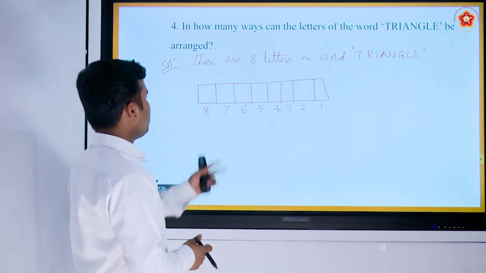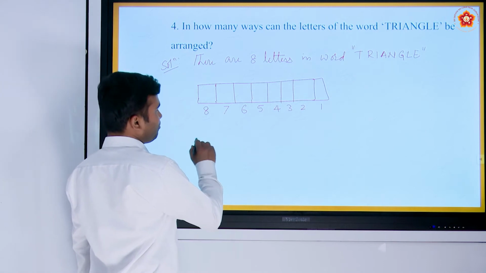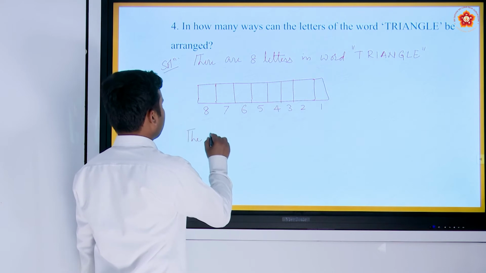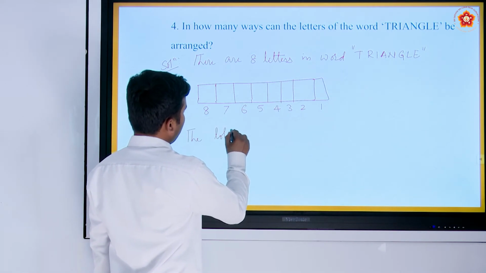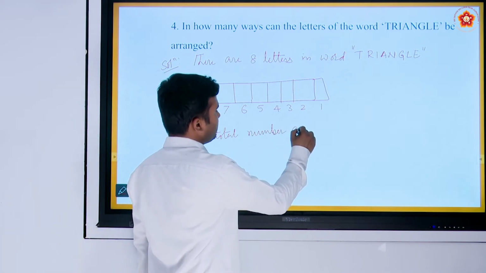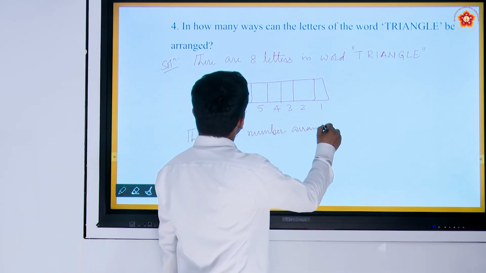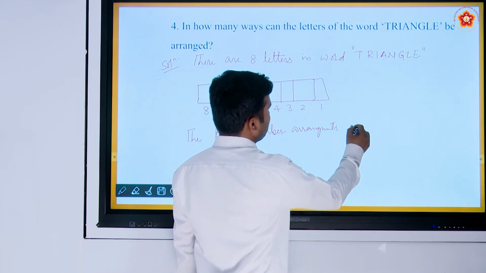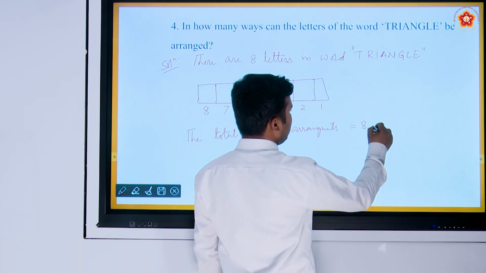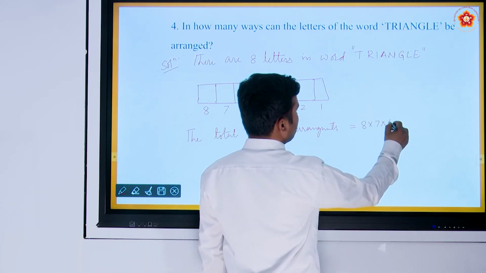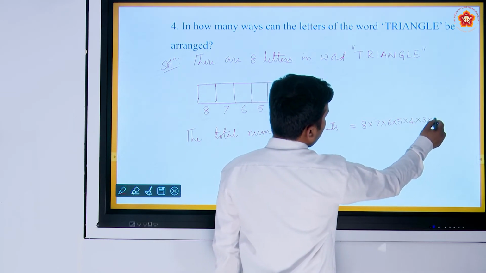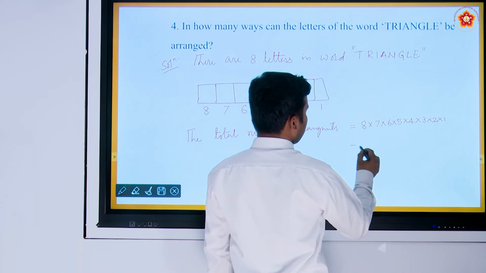So by using the rule of multiplication, the total number of arrangements will be 8 into 7 into 6 into 5 into 4 into 3 into 2 into 1.